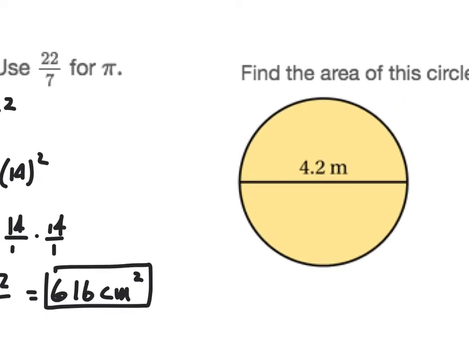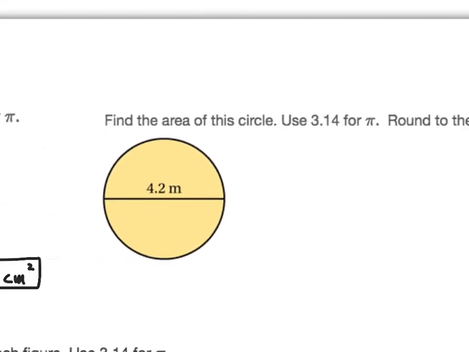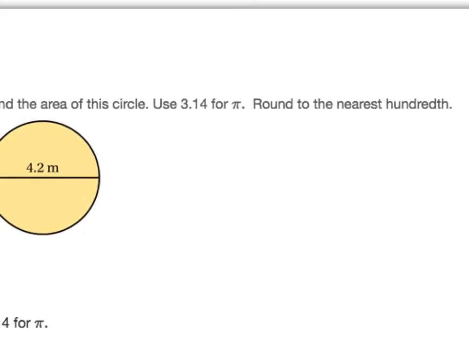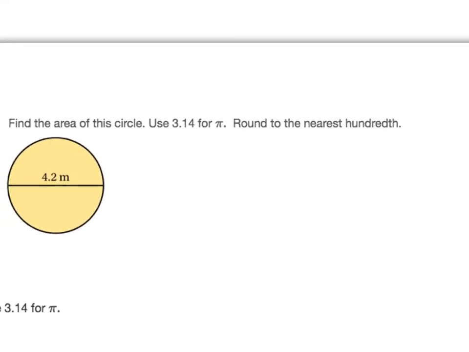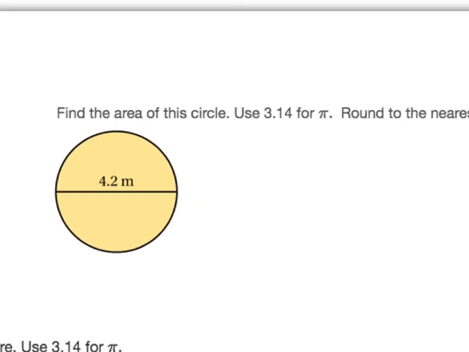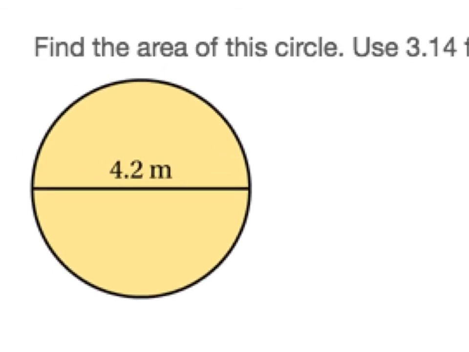Now on this one, we're using 3.14 for pi, and we want to round to the nearest hundredth, and that's going to be 2 decimal places. So my area formula: area is equal to pi times the radius squared.